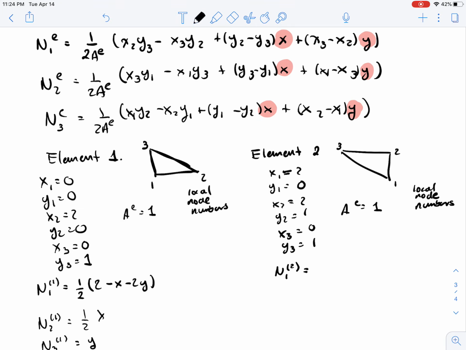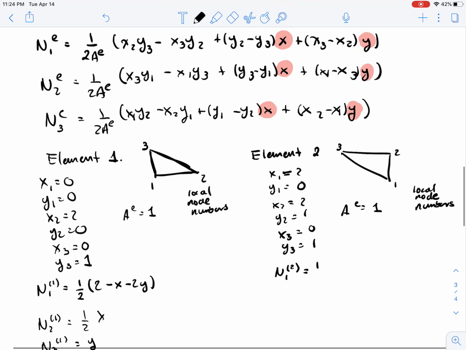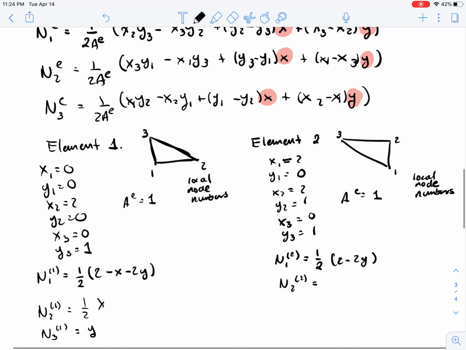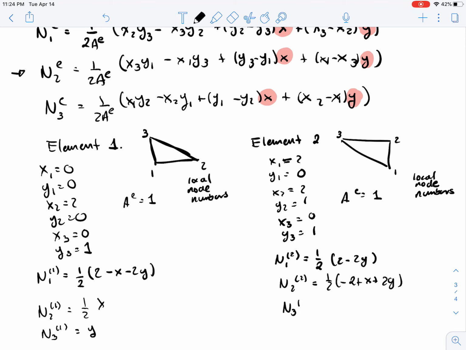You can then have the first shape function for element 2. Again, just plug in values here, and I'm going to skip the calculations. So this will be 1/2 (2 minus 2y). Second shape function, just plug in values here, and you're going to get 1/2 (minus 2 plus x plus 2y).